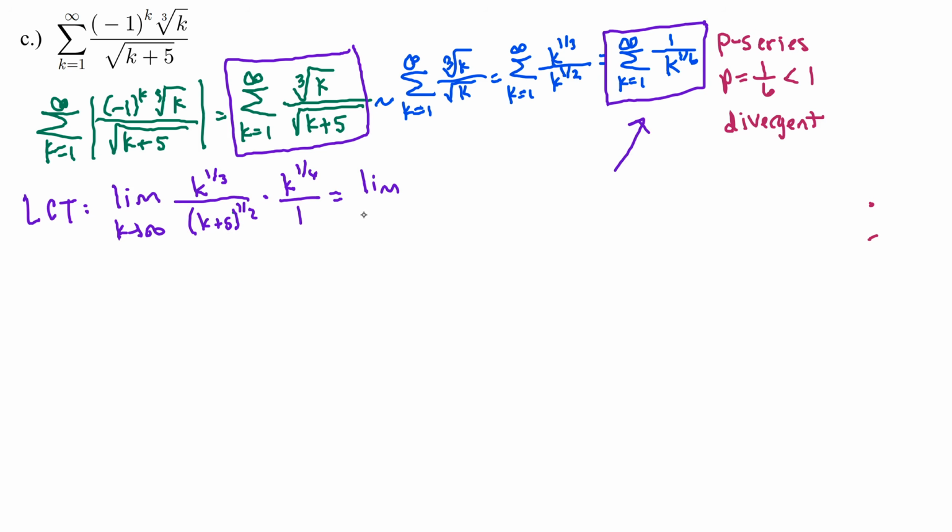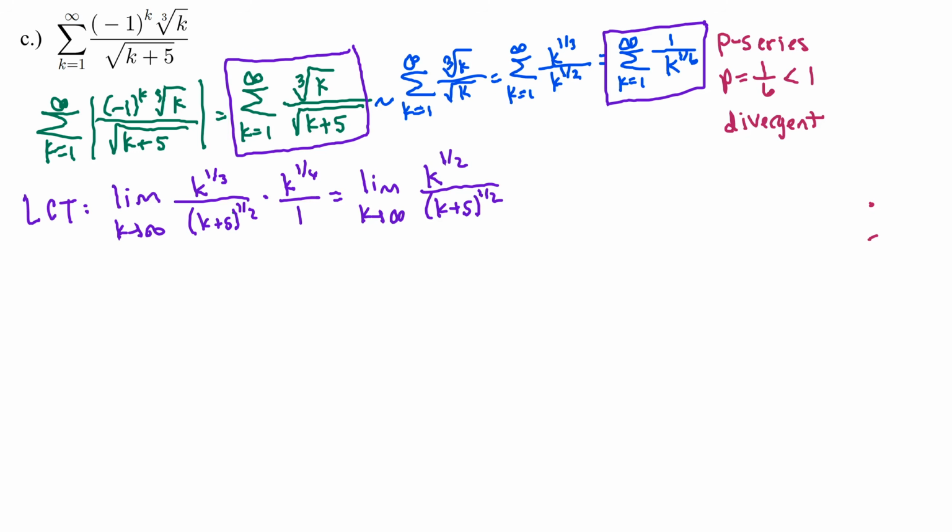So combining our powers, we have the limit as k goes to infinity of k to the 1/3 plus 1/6, or 2/6 plus 1/6, that'll give me 3/6 or 1/2, divided by k plus 5 to the 1/2.